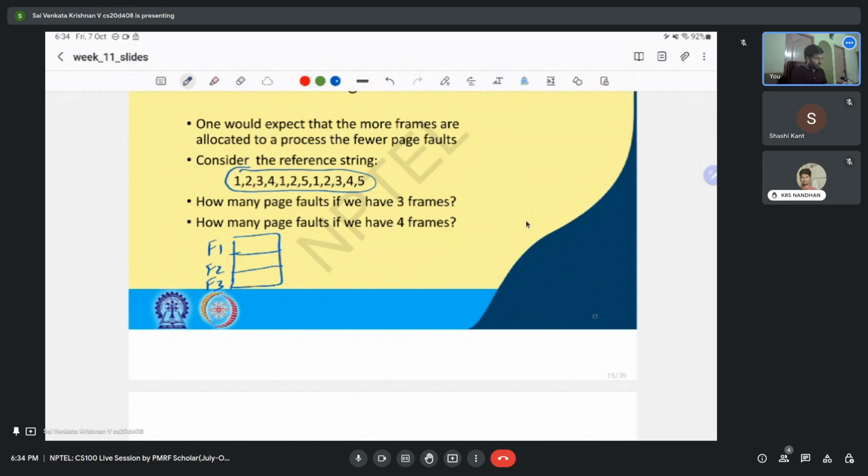Okay, we'll stick to this notation, and let's start then. So 1 is brought over here, and again 2 will be brought over here, and then 3. Now 4.